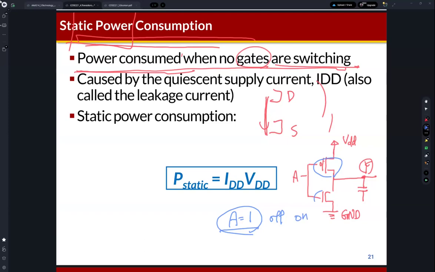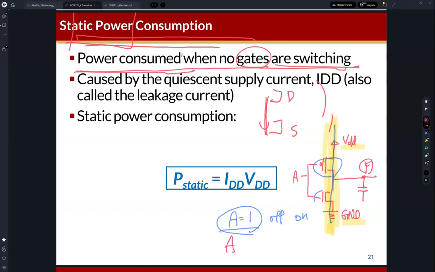If we consider the connection from VDD to ground, we can find that one of the transistors is off.